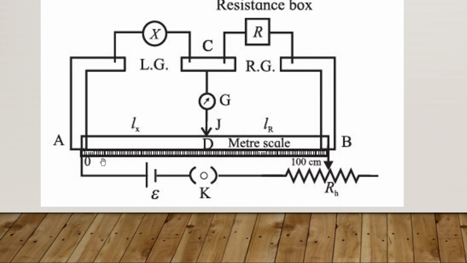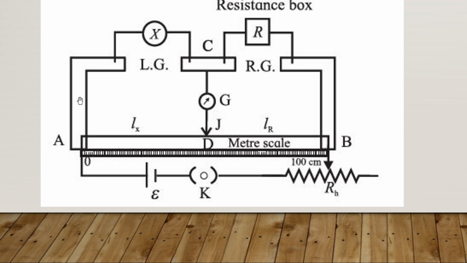So, the meter bridge consists of a metal uniform cross-sectional wire having a length of 1 meter or 100 centimeters. This wire is connected on the wooden board below the two L-shaped strips.